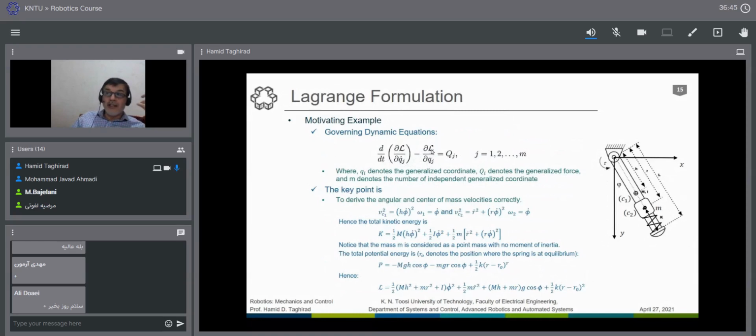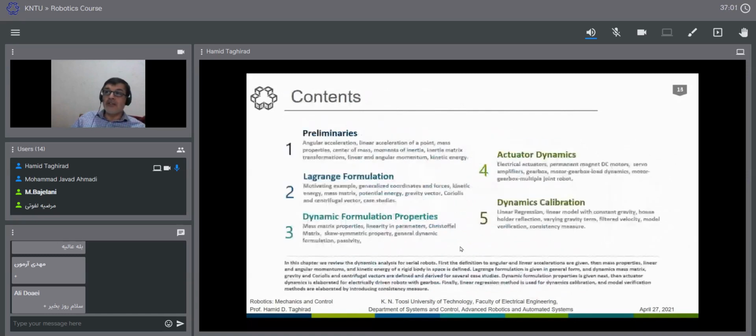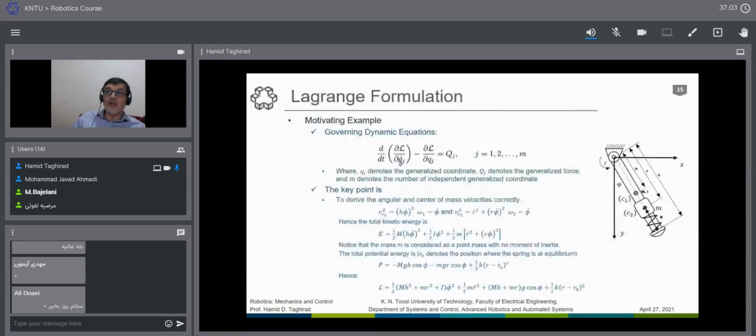Since L is K and P, K is related to Q dot, usually we have V and omega related to Q dot, and P is usually related to Q. Here you can see that this differentiation is done with respect to Q dot i, and this is the component of the generalized vector.